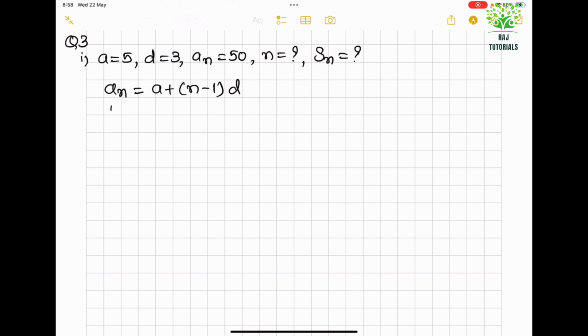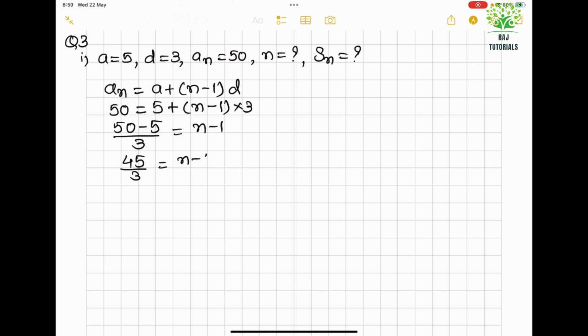So an is 50 equal to a is 5 plus n minus 1 into d is 3. So 50 minus 5 upon 3 equal to n minus 1. So 45 by 3 equal to n minus 1. So 15 plus 1 equal to n. So n equal to 16.